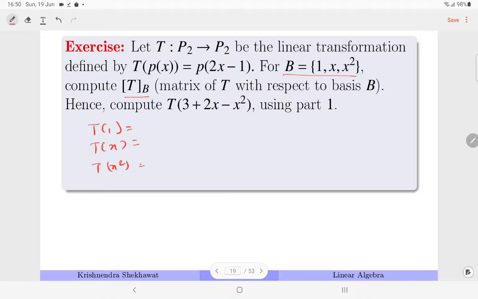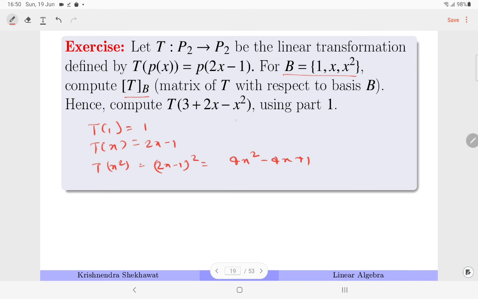So T of 1, so p of x becomes p of 2x minus 1. So a function of x becomes a function of 2x minus 1. So 1 is constant, remains 1. T of x becomes 2x minus 1, and T of x square becomes (2x minus 1) whole square, which is 4x square minus 4x plus 1. So now I have to see the coordinates of T of 1, T of x and T of x square with respect to standard basis 1, x and x square, which is straightforward.